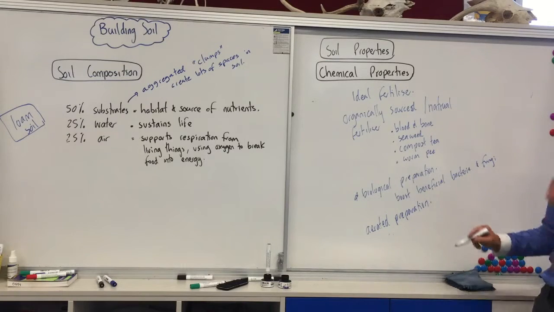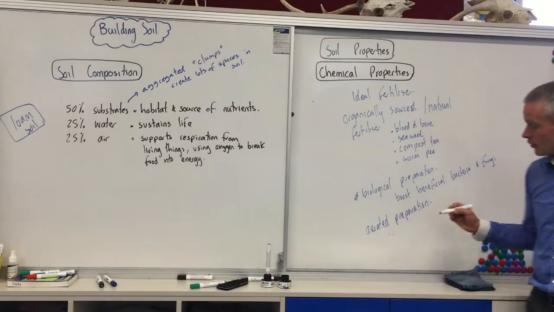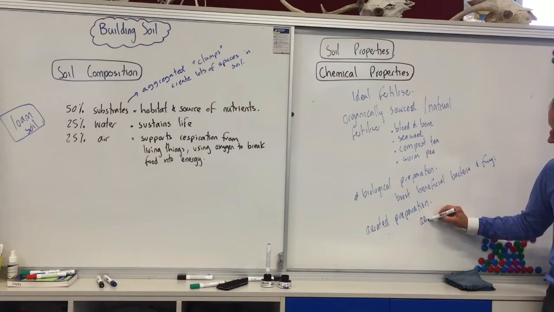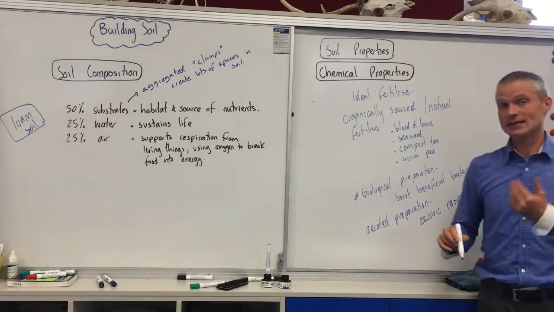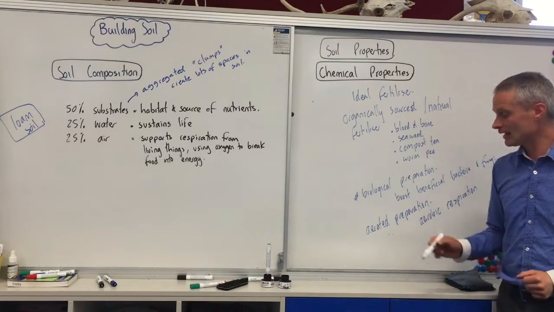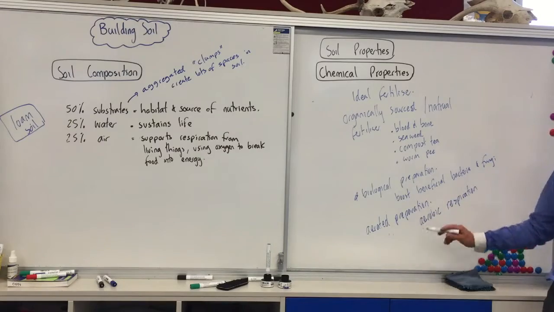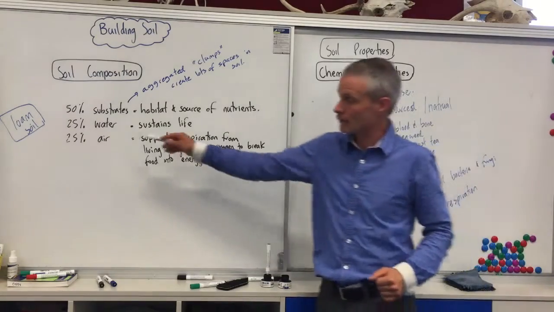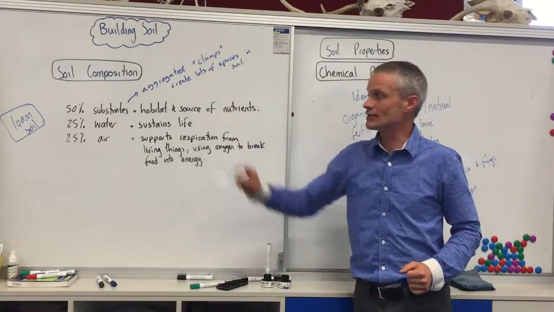So these beneficial microorganisms are all aerobic respirers, so they have got to respire aerobically like we do, which means they breathe in oxygen to break down food to release energy. And a healthy soil should be dominated by aerobic respiration, because it should have 25% air, lots of water, and lots of nutrients in the substrate.